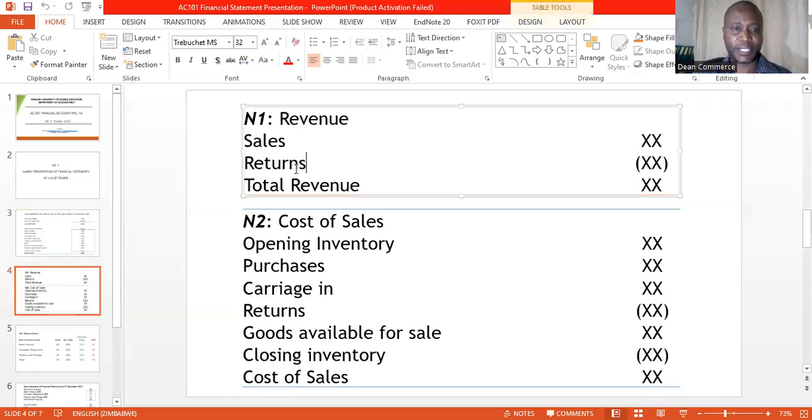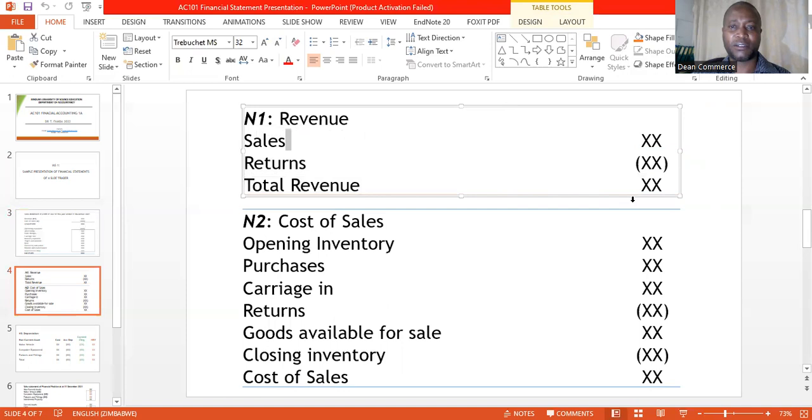Then returns, these are sales returns that we are going to less here, and when we are lessing, we show it by inserting the figure in parentheses, as I have done there. Then the net of sales and sales returns will give us this figure, which is our revenue figure.